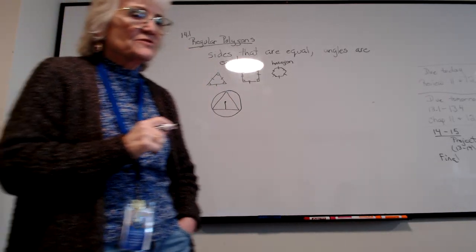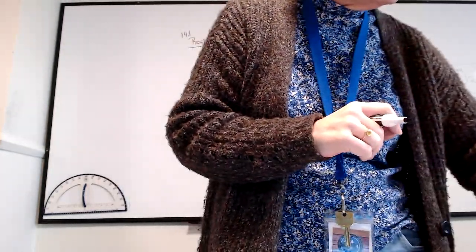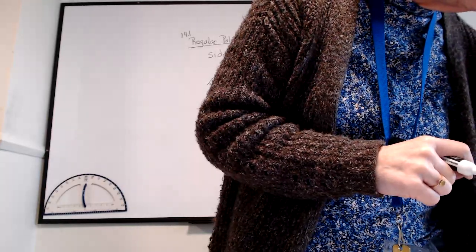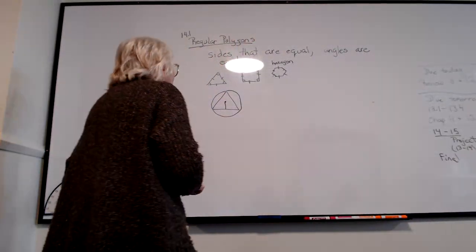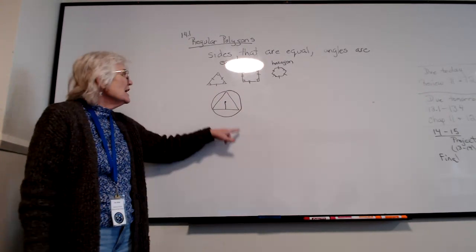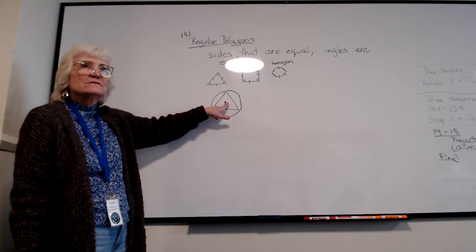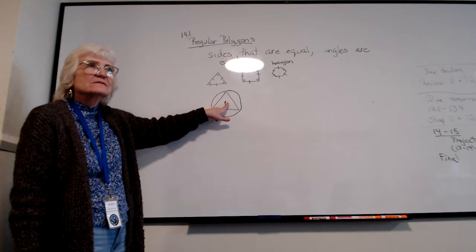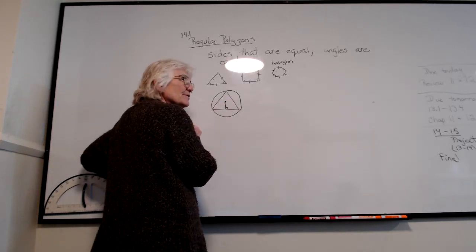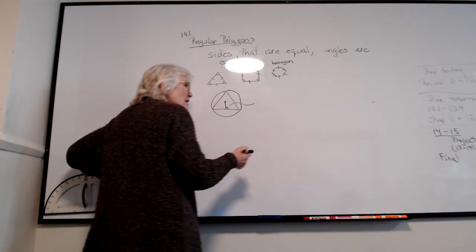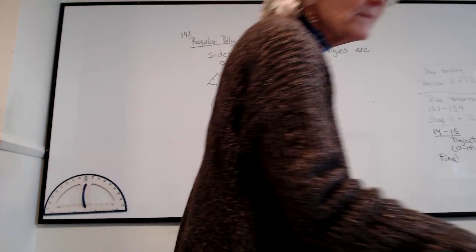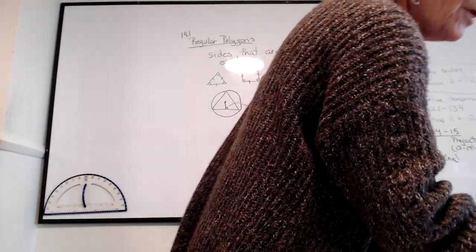If you have some sort of regular polygon that's inscribed, if you go from the center of the circle to the opposite side at 90 degrees, I call it the perpendicular bisector because that's really what it is, but they gave it a special name and it's called the opothem.